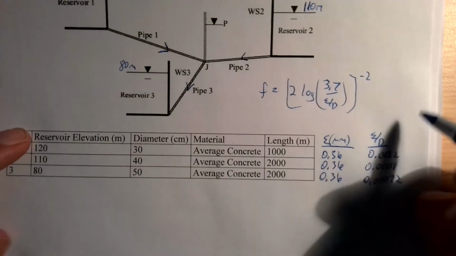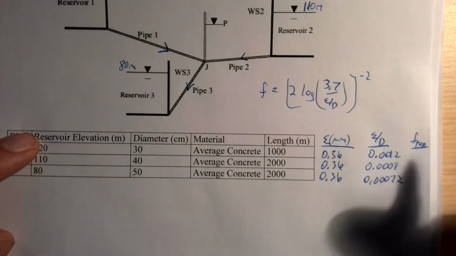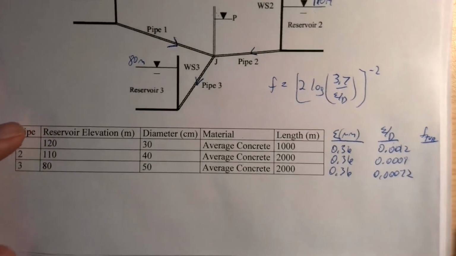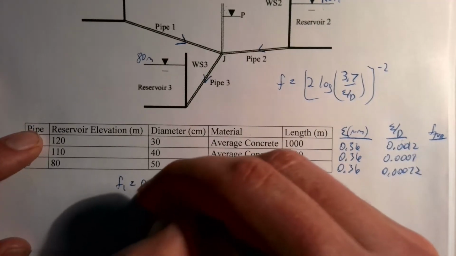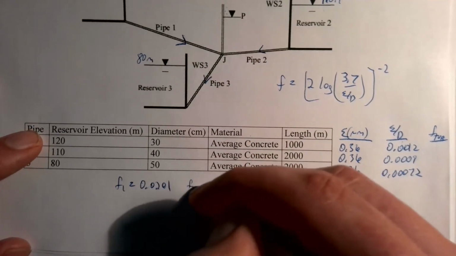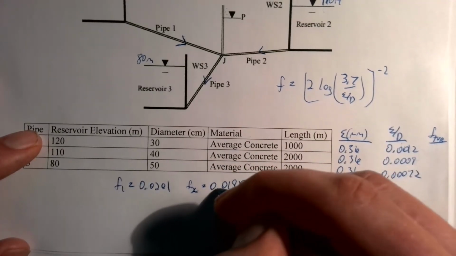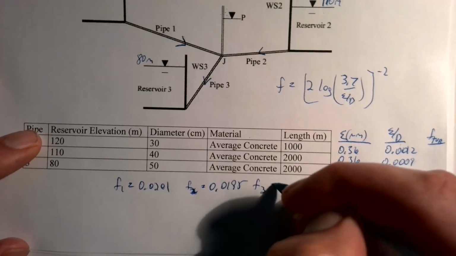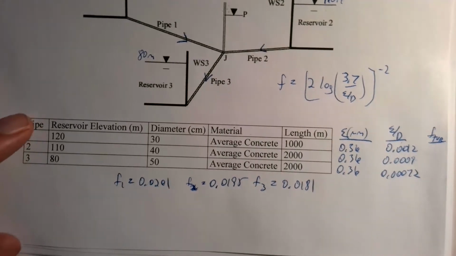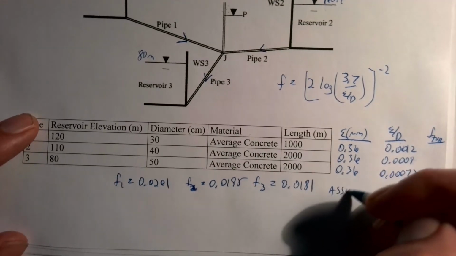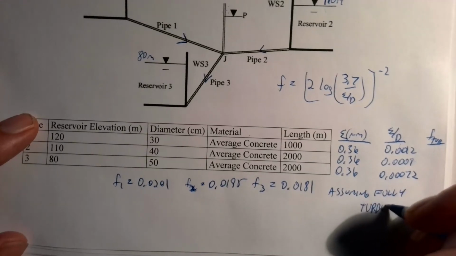So we might call that f turbulent and write those in. I didn't leave myself enough room here, but we're going to assume f1 is 0.0201, f2 is 0.0195, and then f3 is 0.0181, assuming fully turbulent.